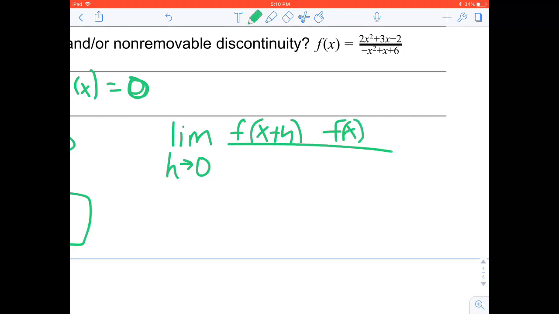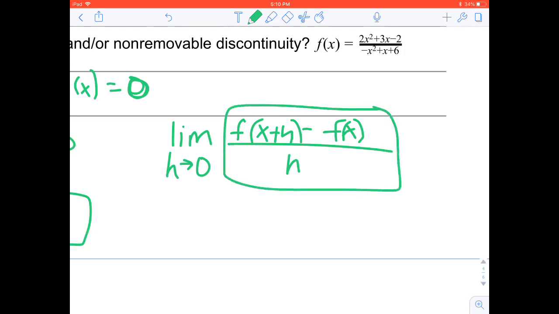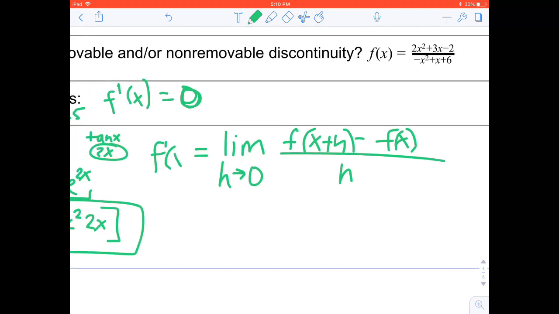That's f of x plus h minus f of x over h. And this part right here is the slope formula, just rewritten a little differently. And remember, the derivative is the slope. And it's your slope as it's approaching some value. So as h approaches 0, that's representing you moving towards that value.